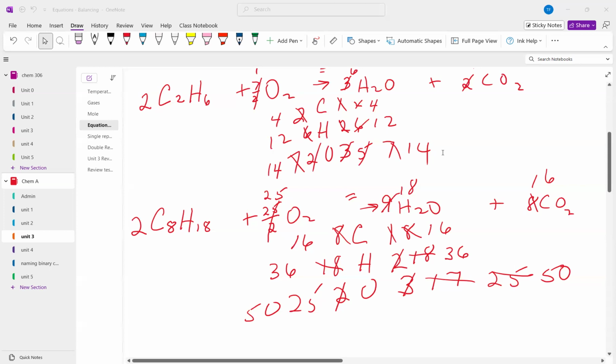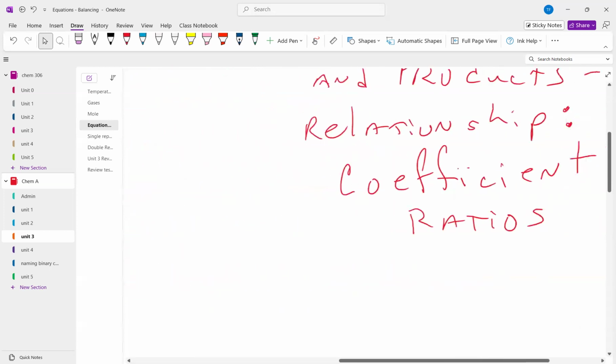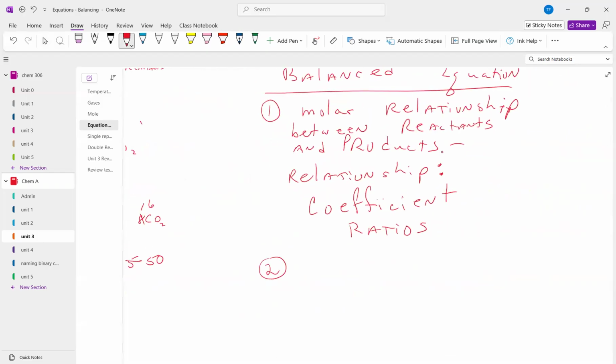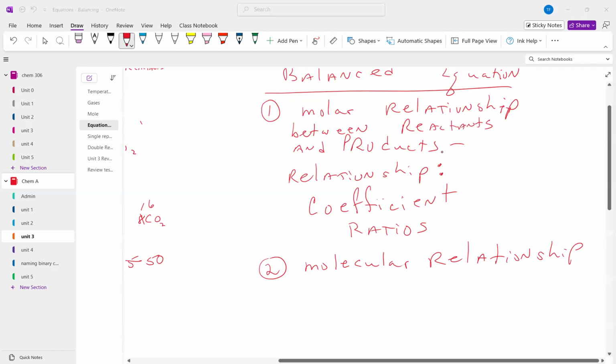Now, that's one thing balanced equations give us. The other thing is a molecular relationship. And it's the same thing. Instead of moles, we're talking about molecules.